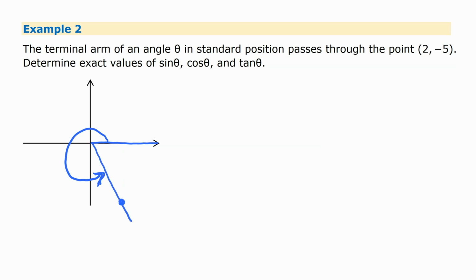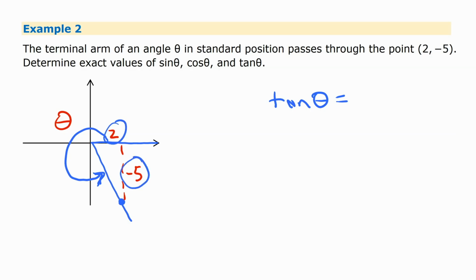So that's theta. We can again draw that little reference triangle and put our values there, 2 for x, -5 for y. And we can write the three ratios. Again, tangent is one we can find first because we don't need the radius. Tangent of theta is y over x, -5 over 2.